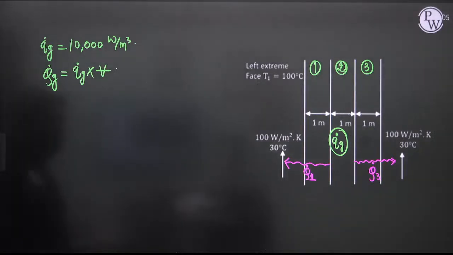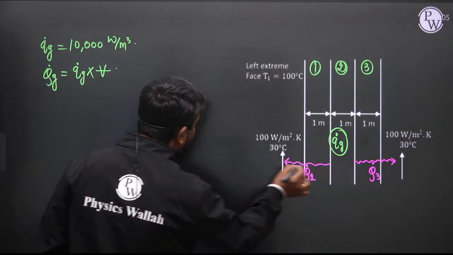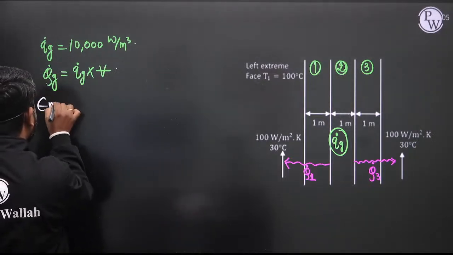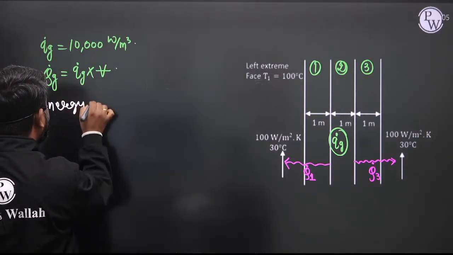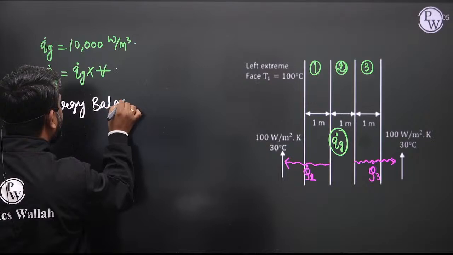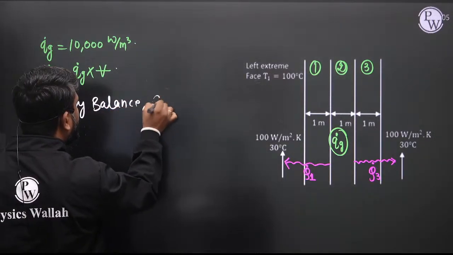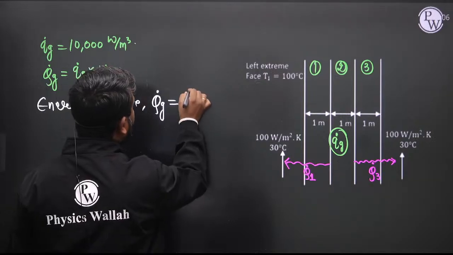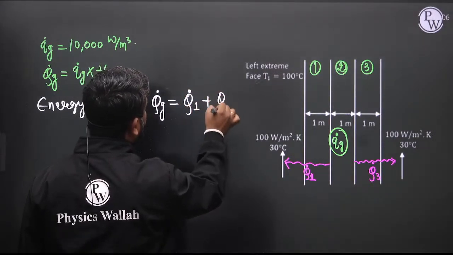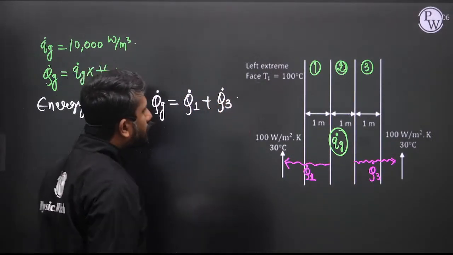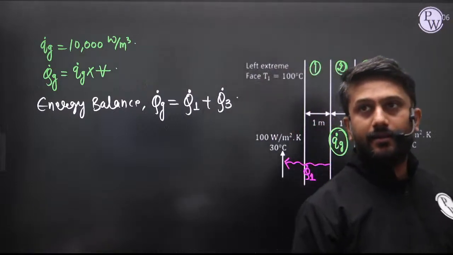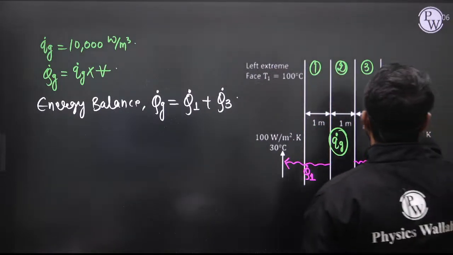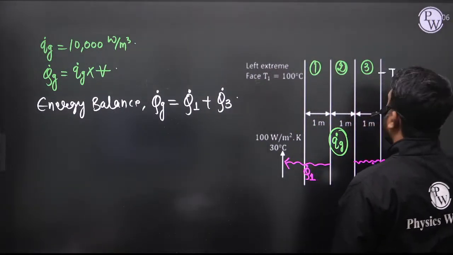Now if you apply the simple energy balance, total heat generation equals Q dot 1 plus Q dot 3. Let us consider the temperature here is T2.